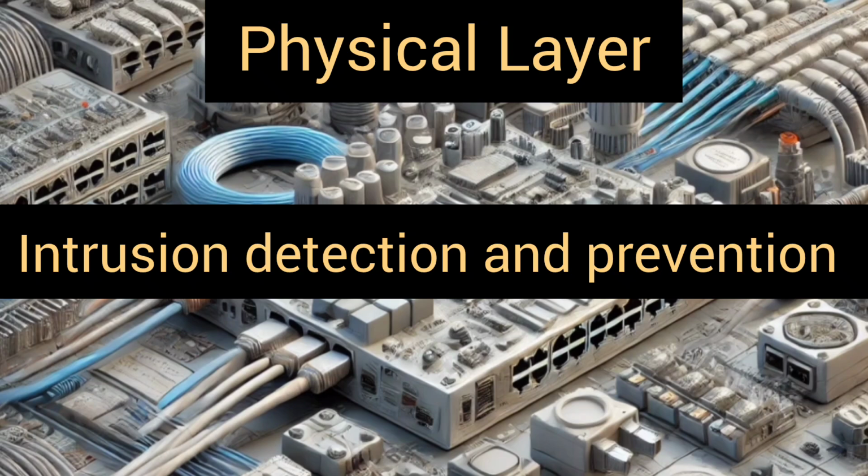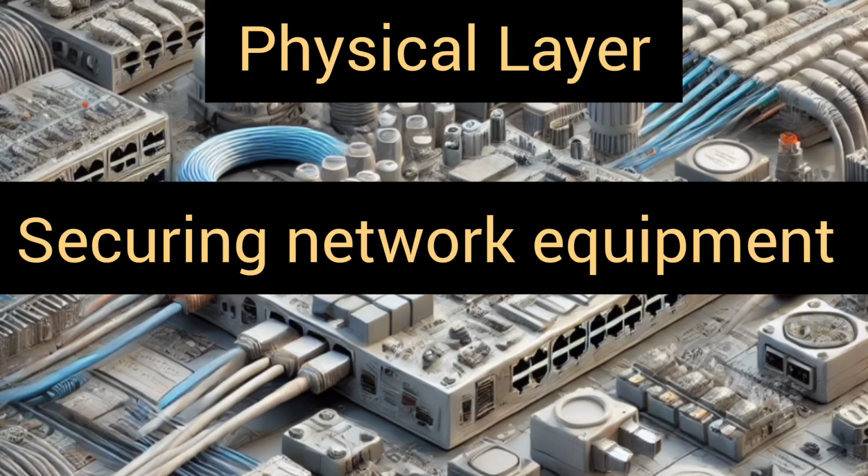Alarm systems. Integrate alarm systems with access control and surveillance systems to provide immediate alerts in case of security breach. Regular drills. Conduct regular security drills and tests to ensure that physical security measures are effective and personnel are prepared to respond to incidents.